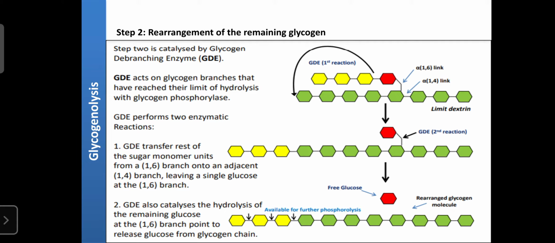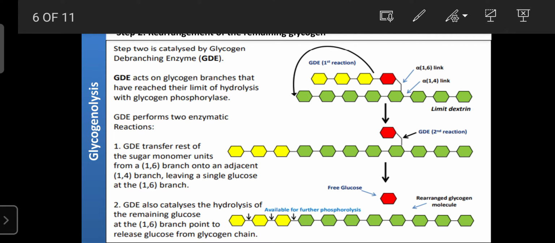In the first step, this glycogen debranching enzyme transports the rest of the sugar monomer units from the alpha 1,4 branch onto the adjacent 1,4 branch, leaving a single glucose at the 1,6 branch.